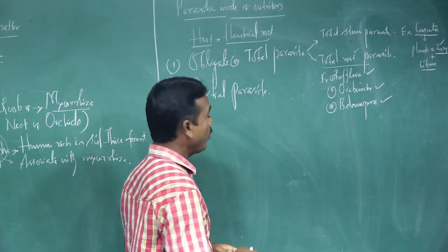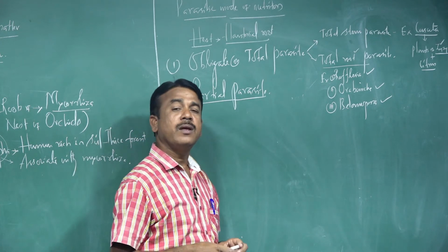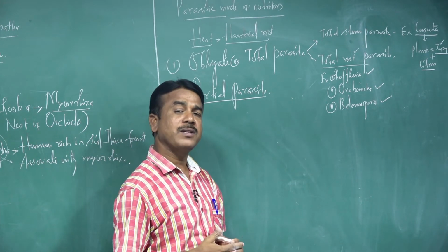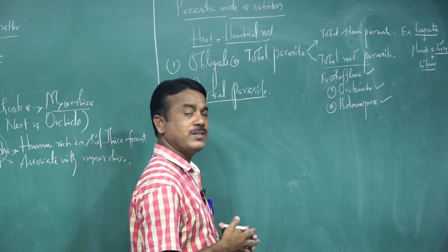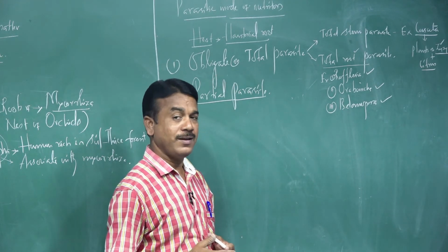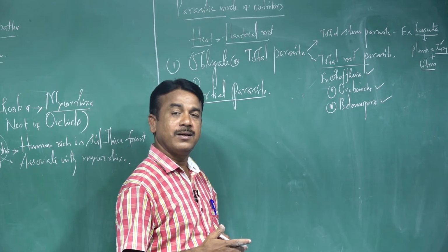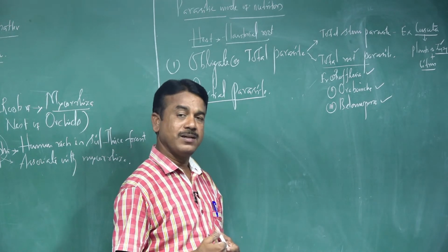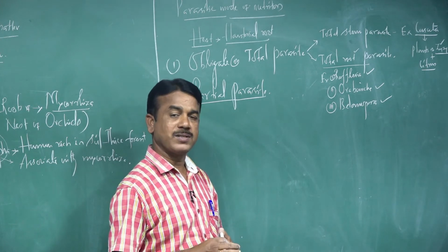Can I go to the second one, called partial parasites? What is the meaning of partial? 50-50. Why is it considered 50-50 or partial? Sometimes people say you have to treat it with partiality. Like this, partial parasite. So what is the definition? These kinds of organisms have chlorophyll molecules.